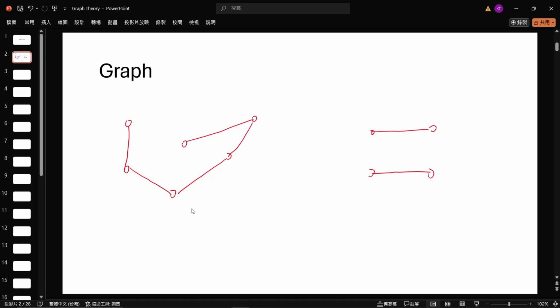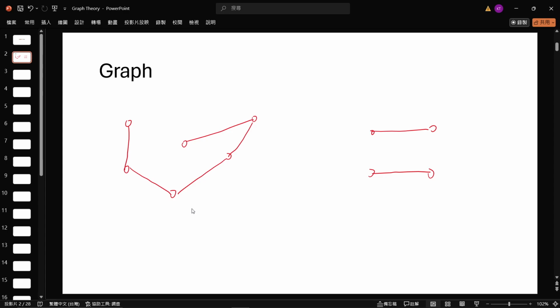All right. So I'll say the most important reason that we want to study graphs for computer science is that we can use graphs to model different kinds of systems. For example, you can use a graph to model a social network.